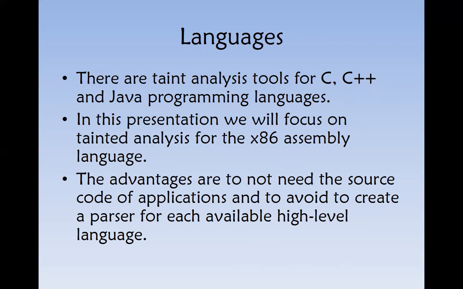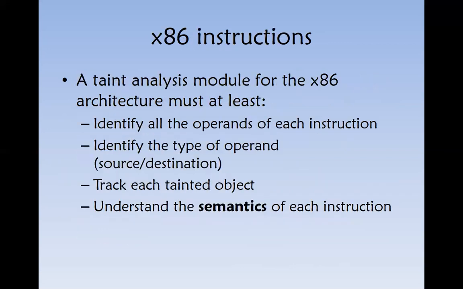Okay, so let's proceed. With respect to x86 instructions, the taint analysis module that essentially decides how to propagate taint and checks whether data is flowing to the sinks must identify the operands of each instruction.